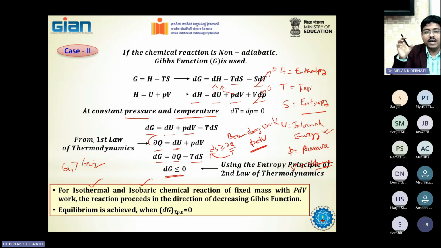This significant negative value tells you that the chemical reaction is proceeding in the proper direction, towards equilibrium, and gradually the difference between G2 and G1 will reduce, and at a certain point of time you will find that G2 minus G1 almost tends to 0.